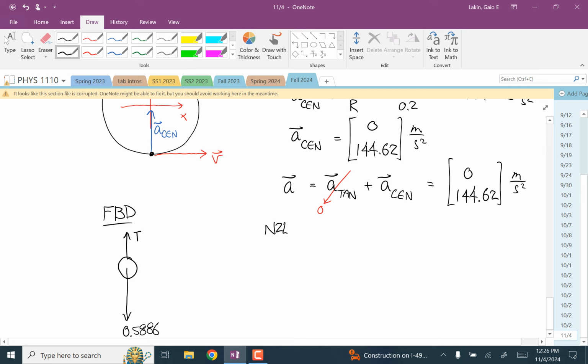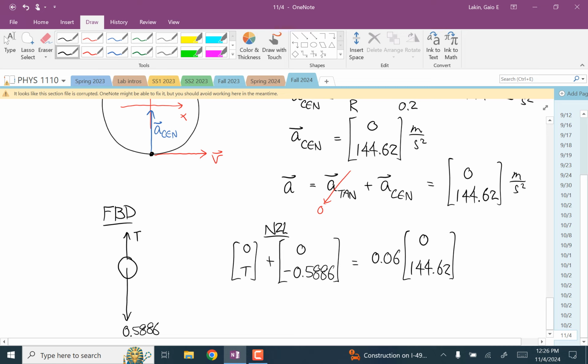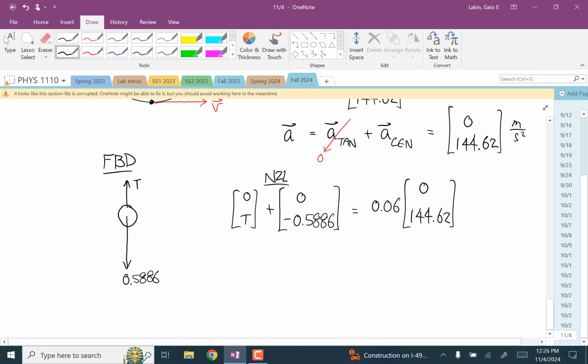And so now Newton's second law says 0 T plus 0, negative 0.5886 is equal to the mass times the acceleration vector, and so T is equal to 9.27 newtons.